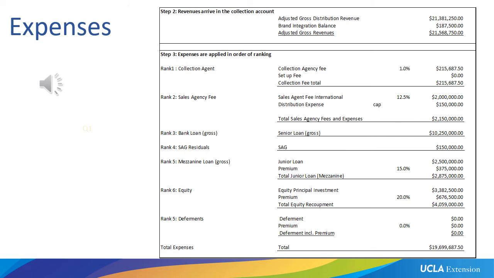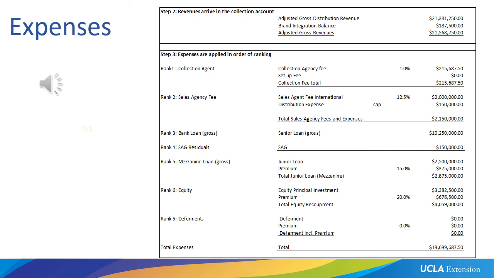Next in line in our waterfall would be our junior loan. That's our mezzanine loan. And it would be the gross amount of $2,250,000. There is a premium that is due on this money, so we now have to pay 15% of that in addition, which is $375,000. So all in all, we're paying a junior loan, including premium, of $2,875,000.